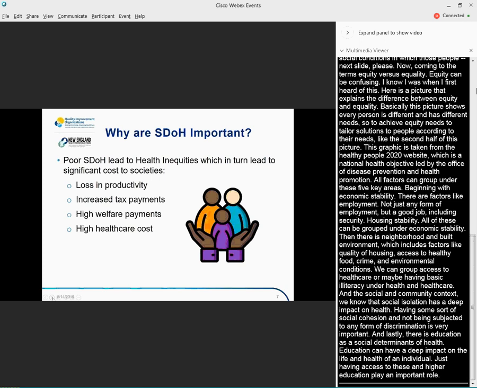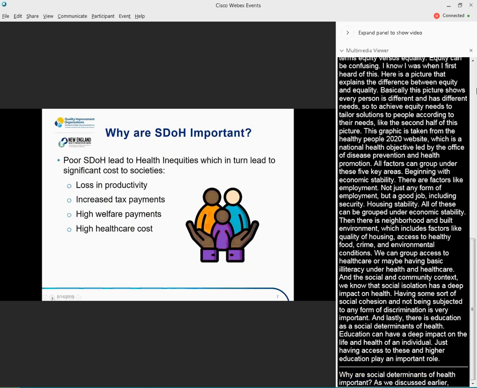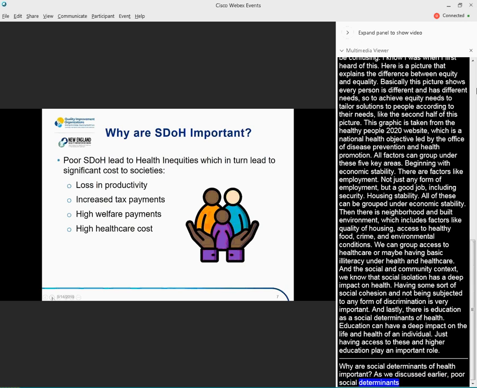So why are social determinants of health important? As we discussed earlier, poor social determinants of health lead to health inequities, which in turn lead to significant financial costs to societies.